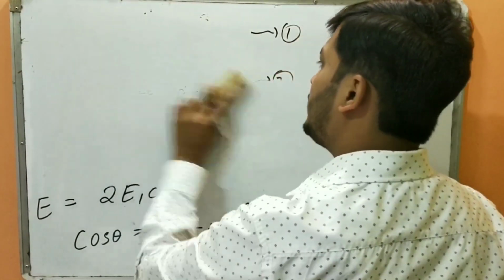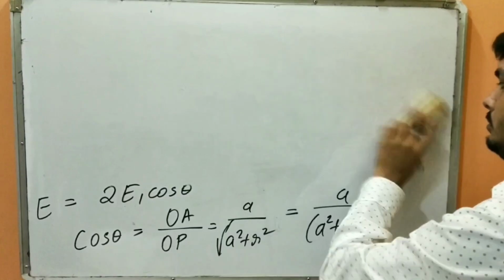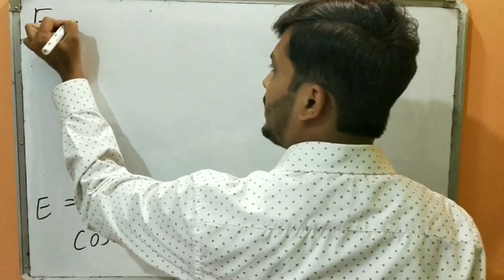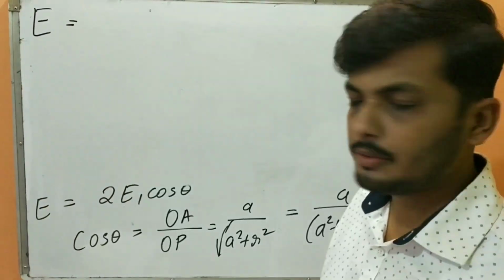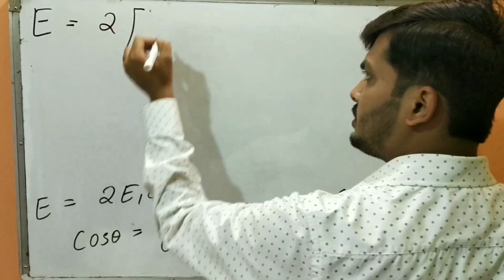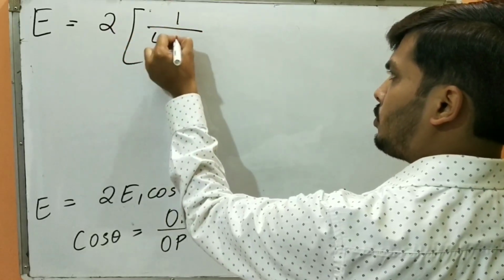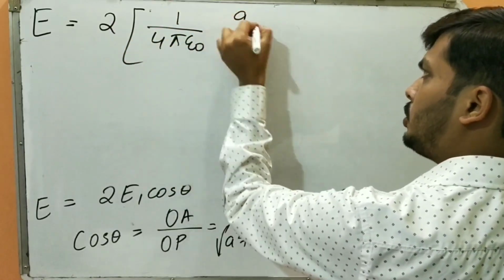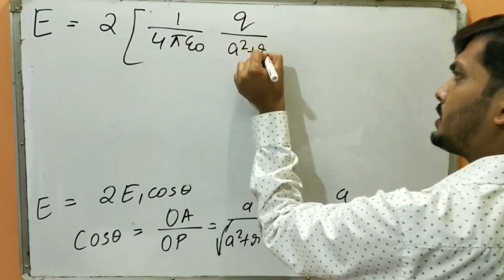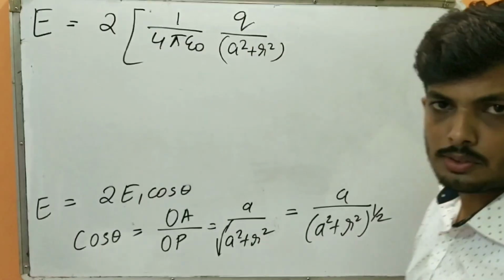Now go on equating the terms into it. Students, I am interested in finding the electric field E at a point P, which is due to the dipole. Now 2 times, what is E1 equal to? 1 upon 4 pi epsilon naught, Q divided by, what was E1? a square plus r square. Yes or no, students?